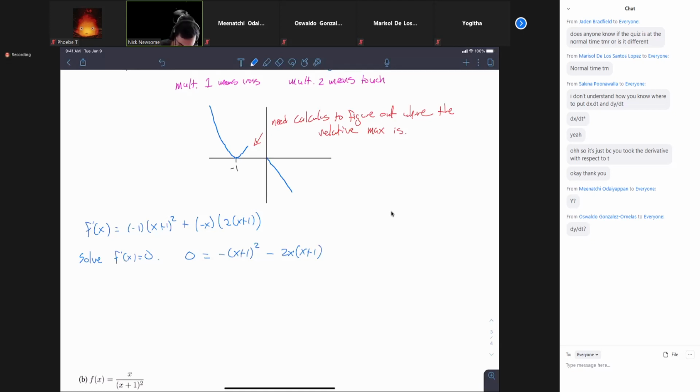All right, I can do a little bit of sneaky stuff here. Factor out an x plus 1. Those two minus signs can go away. I just divide by a minus 1. And then what do I have left? It's an x plus 1 plus a 2x.